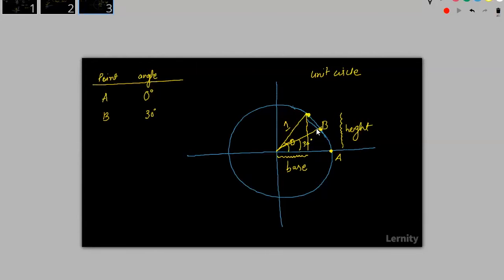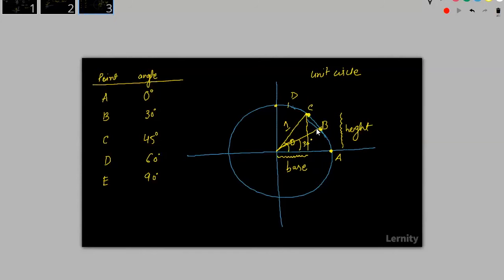And suppose I take a point C here, C is making an angle of 45 degree. Then I will have D, making an angle of 60 degree. Then I will have point E here, E will make an angle of 90 degree, right?